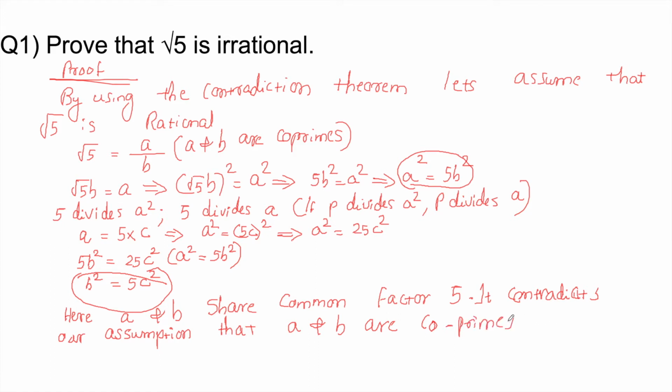Okay, so our assumption was wrong only. Hence, we can say that root 5 is irrational only. Okay, so hence root 5 is irrational.